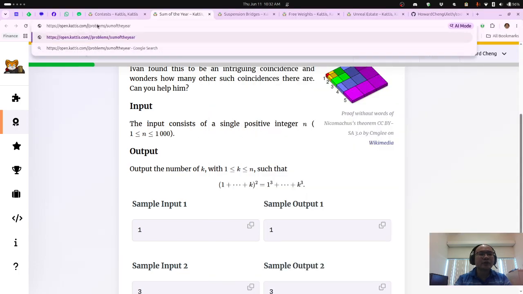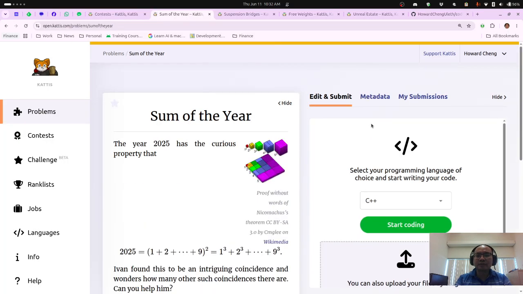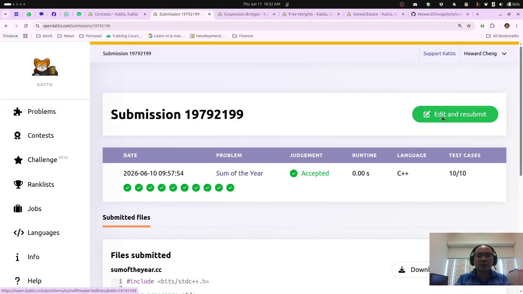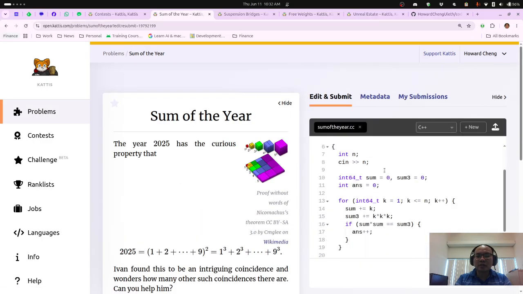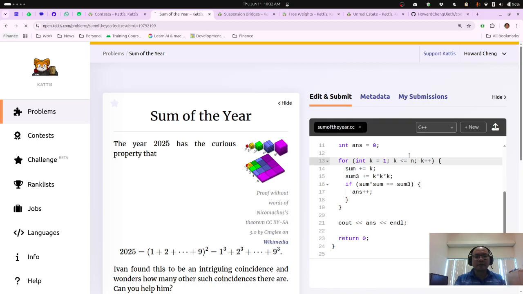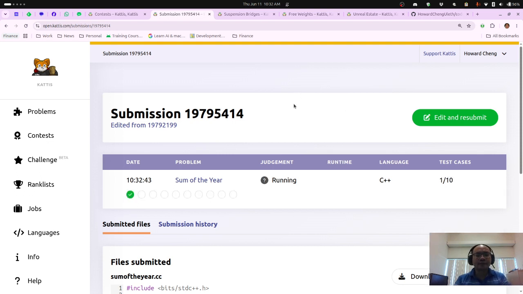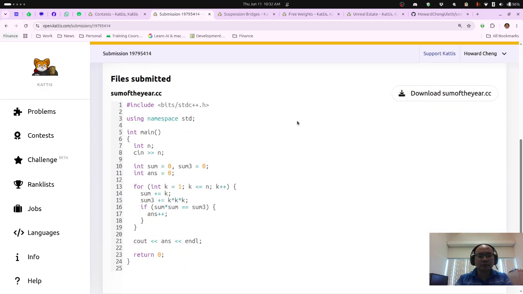So let me just show you. So here's my submission. Let me just change this to normal int and see what happens. Yeah, that is unfortunate. I guess it actually works.